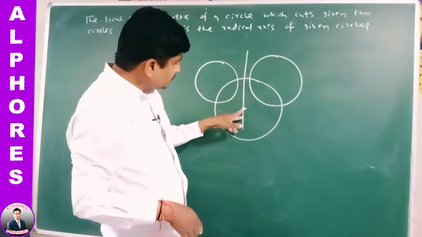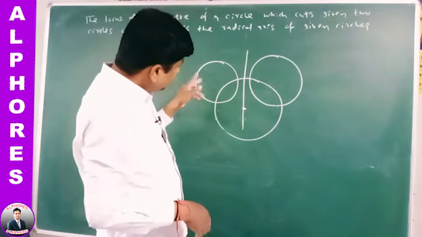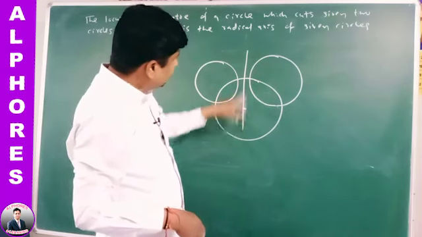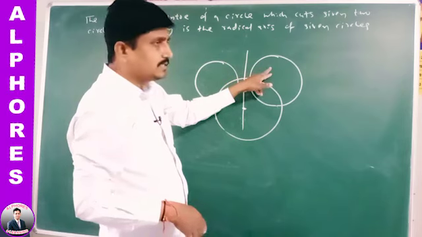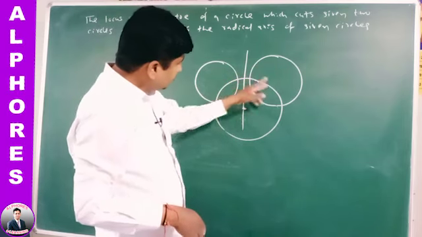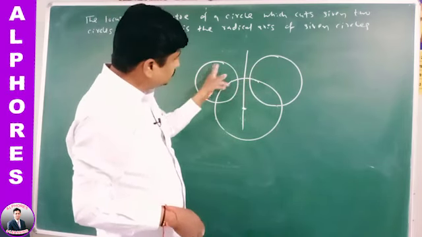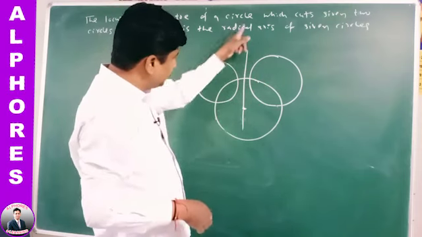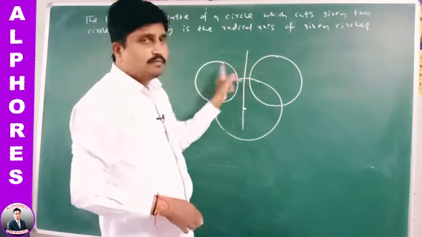Here the locus of the center of a circle which cuts given 2 circles orthogonally is the radical axis of these 2 circles, the given circles. In this case, the center of the circle must lie on the radical axis of the given circles.